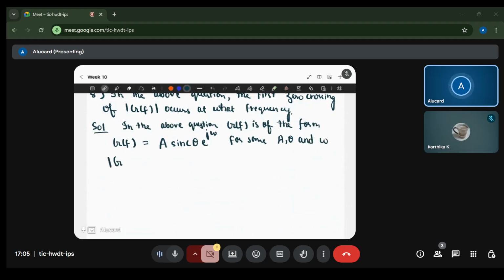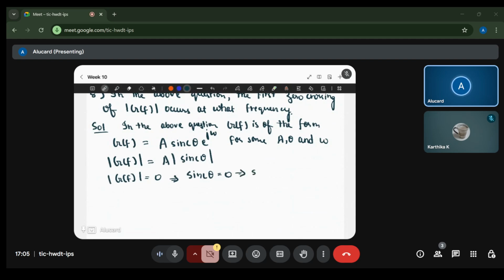So the magnitude will simply be a mod sinc theta, the absolute value of sinc theta, because the magnitude of e power j omega is 1. Now, magnitude of G of f is 0 implies, since A is not 0 in any of the options, regardless of which option is the answer in the previous question, that sinc theta is 0.